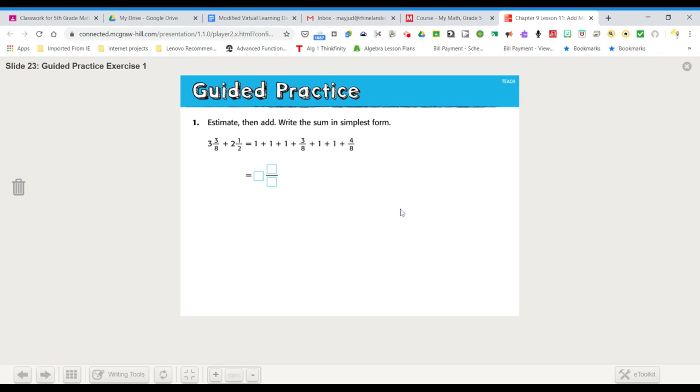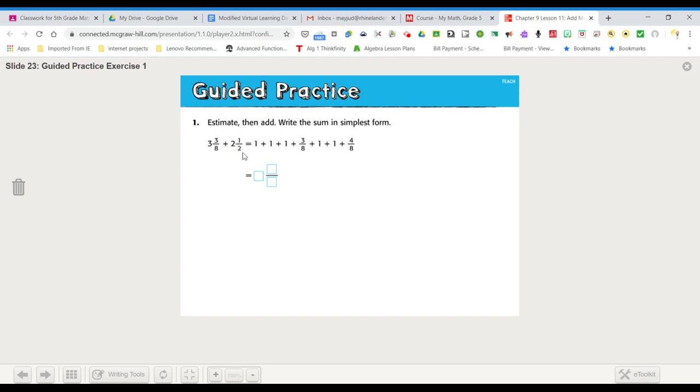Guided practice. Here they're also showing you how to break this apart. Notice that they changed 2 1/2 into 1 plus 1, which is 2 4/8. Where's the step there that showed it to go from 2 1/2 to 2 4/8? So that's kind of skipped here. So they took 1/2 and they said, we don't have a common denominator with 3/8. There's an 8 as a denominator here.